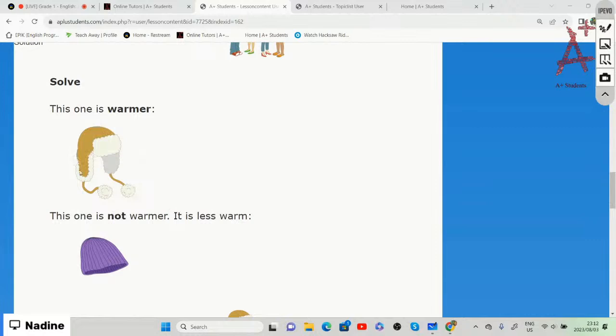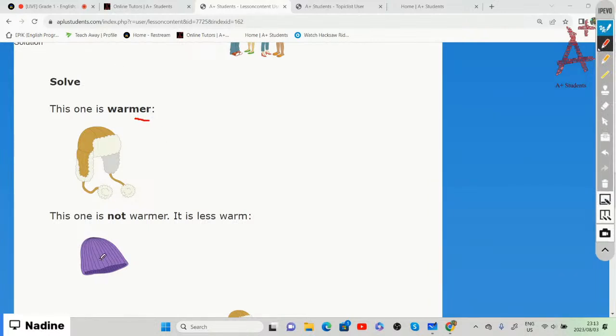Even the little poofies by the bottom give you a warmer feeling. So these two beanies are being compared. We can say the top beanie is warmer than the bottom beanie. So the bottom one is less warm than the top one.